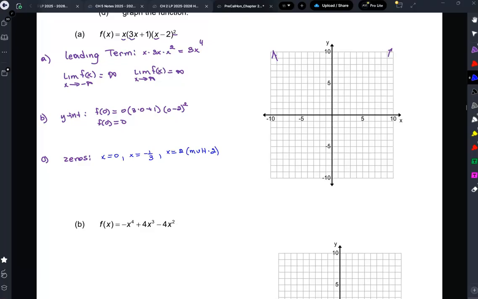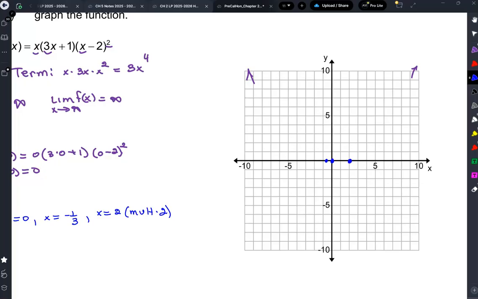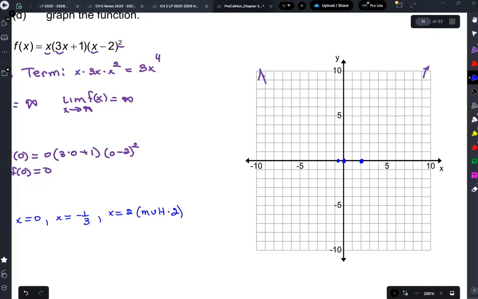Okay, now let's plot all this. So the zeros are 0, negative 1/3, and 2. Both ends are going to be up here. The one with a multiplicity of 2 is this last one. The first two have a multiplicity of 1, which is an odd multiplicity.